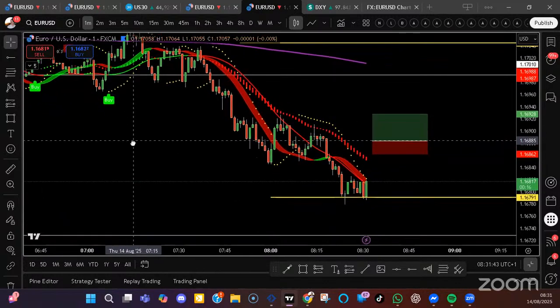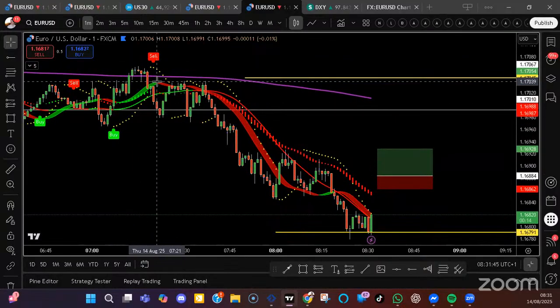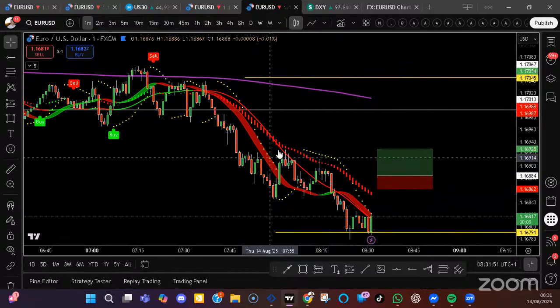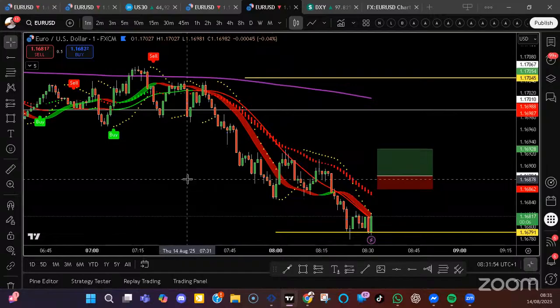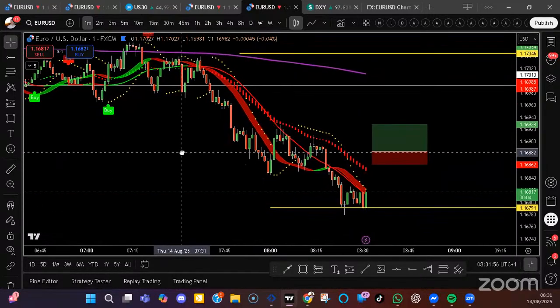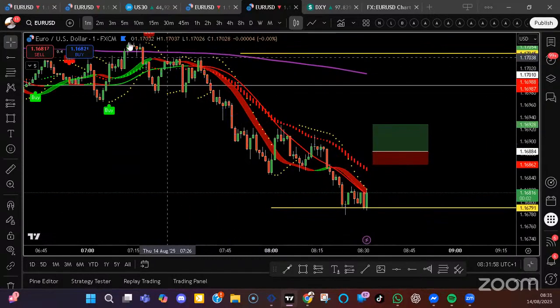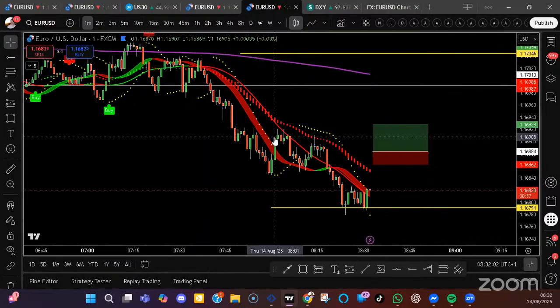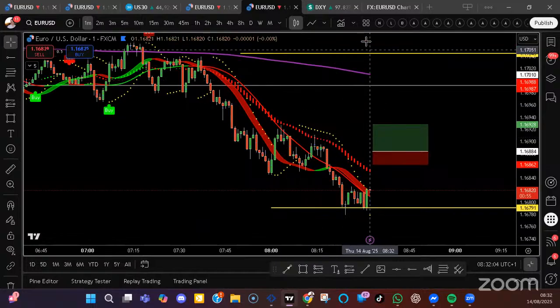In hindsight, you think, well, I might have got a lot more than that if I stayed in, or I could get in a little bit later. But that's not the Academy 55 strategy or system, because you don't know how long that is going to work before it goes into consolidation, picks up orders, and it could have shot up again.